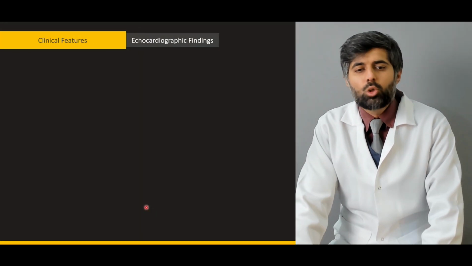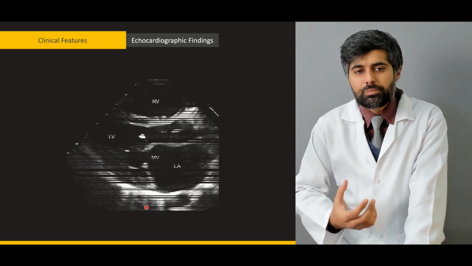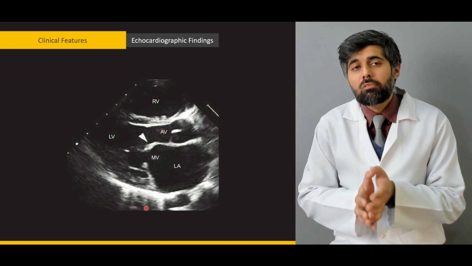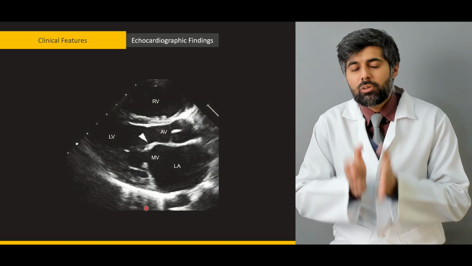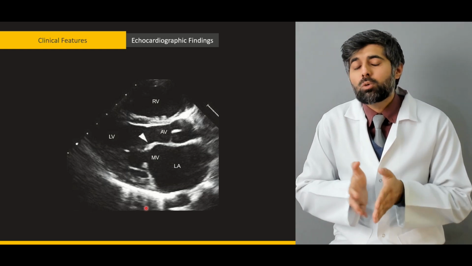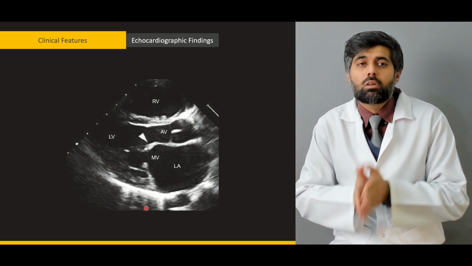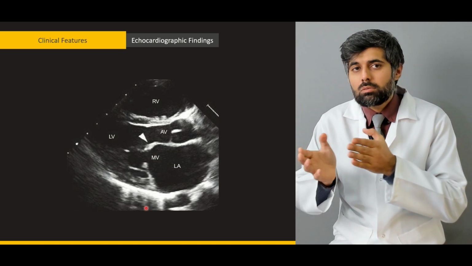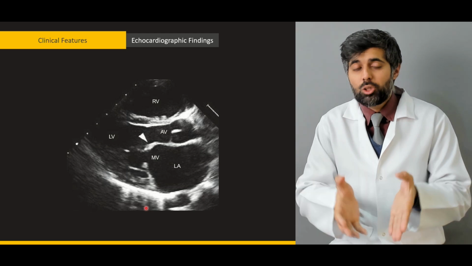Next, we'll talk about the echocardiographic findings. Now, like I said, mitral valve regurgitation is the most common presentation of rheumatic heart disease, and this is what we find on the imaging.